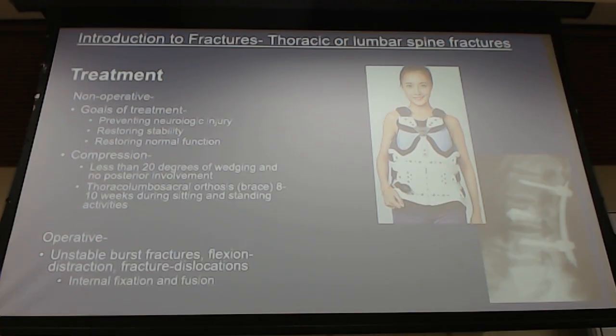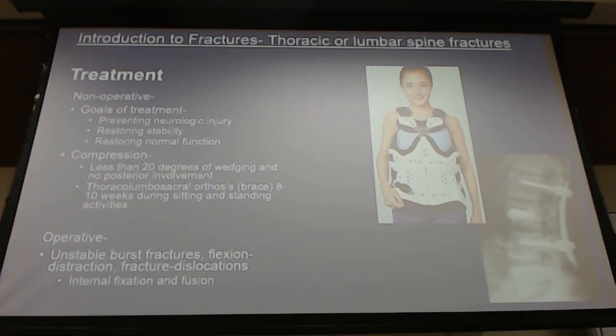Remember that the goal of treatment is to prevent further injury and restore that normal alignment. If you have unstable burst fractures or flexion distraction injuries, then certainly they will be amenable to surgical management. Not all patients with spinal injury require surgery.